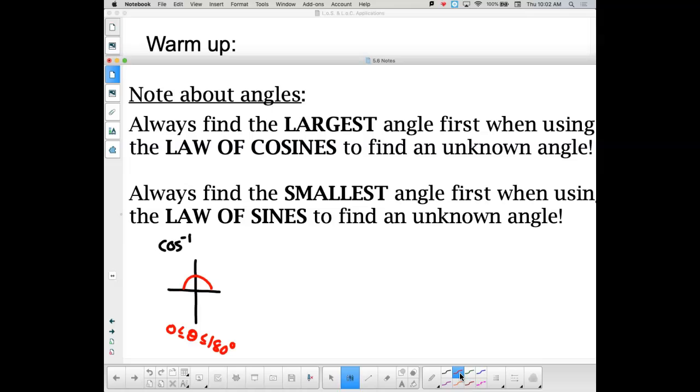Law of cosines will give us an obtuse angle. So that's why we use law of cosines to find the biggest angle first with that rule.